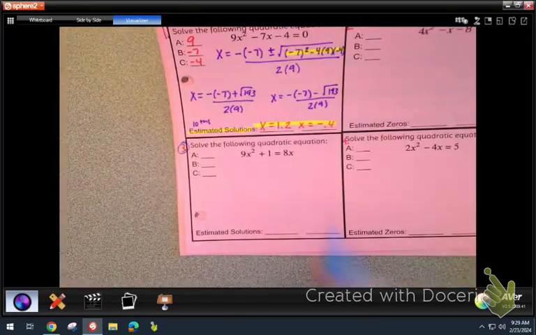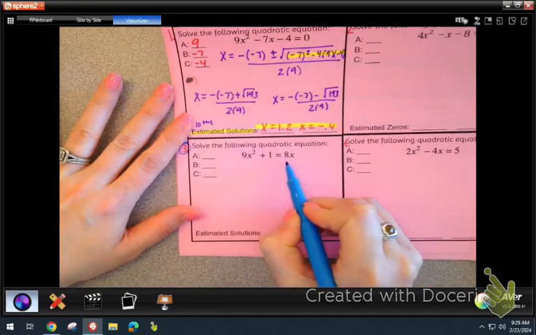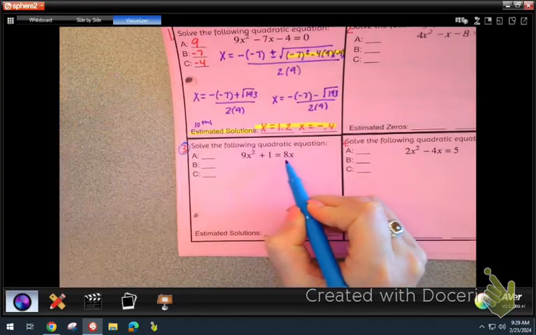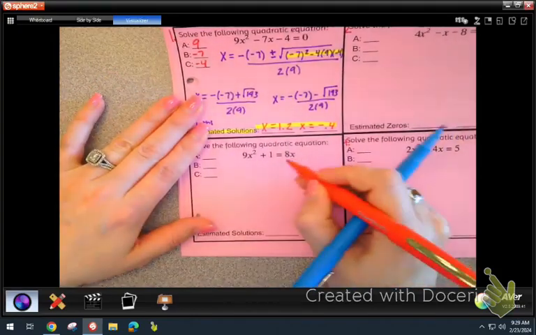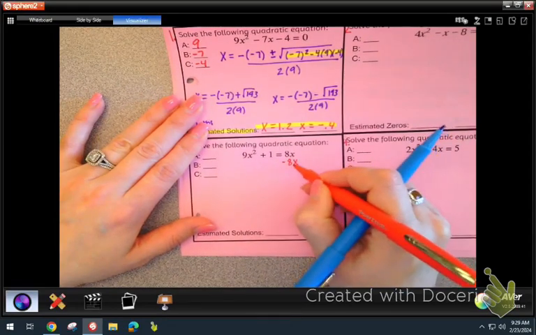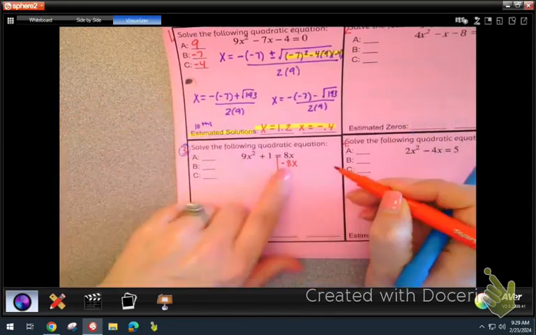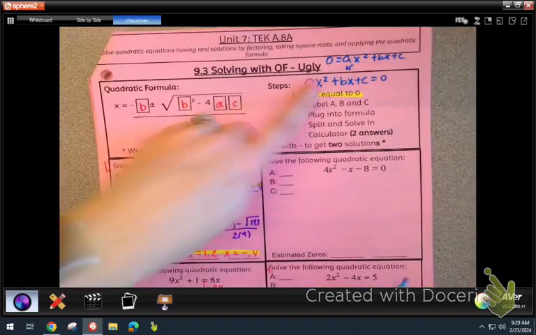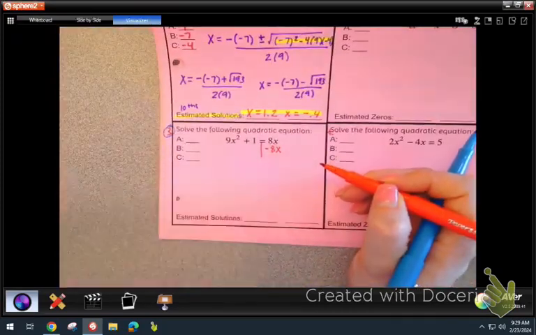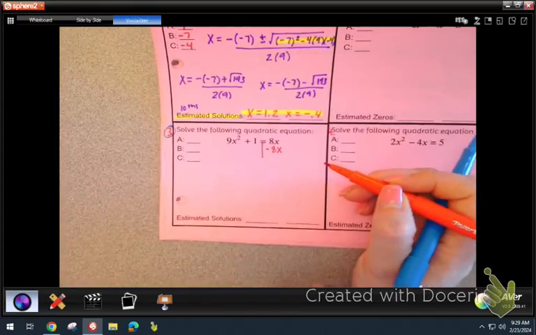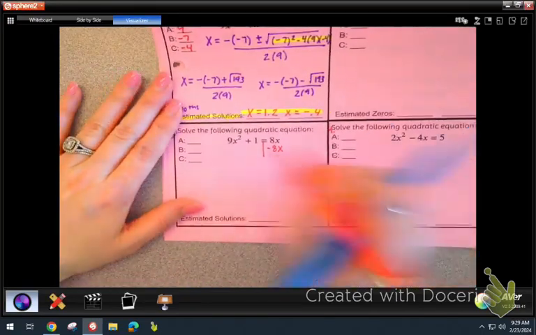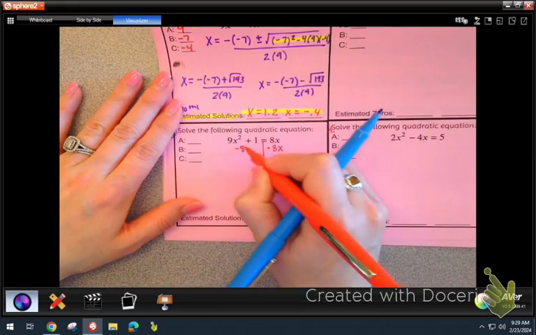So what is the 1 thing that I need to move? An 8x. How do I move it? Minus 8x. Now, think about where this needs to go. Think about the order I said you have to be in. This is the x term, so does it go first, second, or third? Second. Okay? So I'm going to put a minus 8x right here.